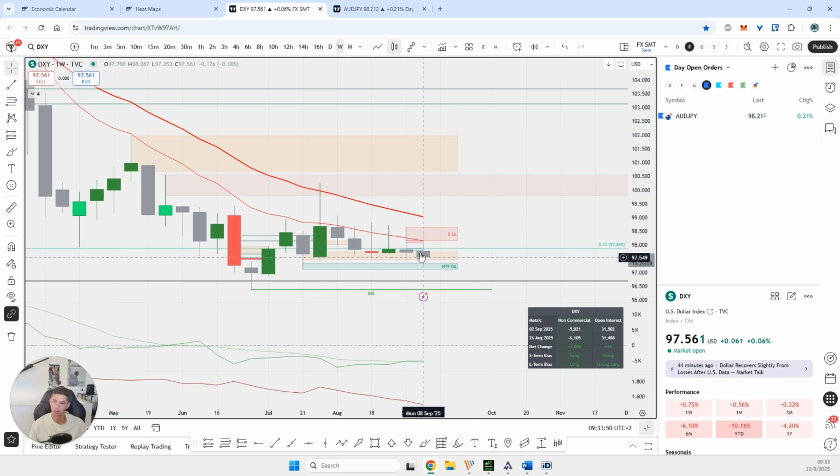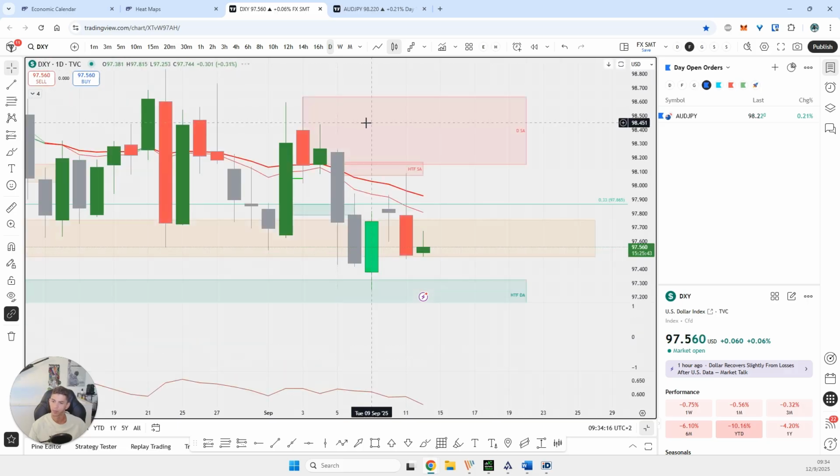One more week to the upside, and now we can expect the bearishness to continue, right? Can we expect a fully bearish day? Yes, we can. Why? Because we are not in the extreme. We are not printing a full candle closing at its low or at its highs. So it's very probable that we see a continuation to the downside.